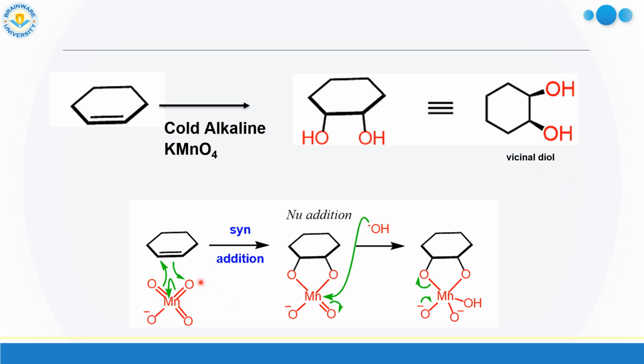With MnO4 minus, a cyclic intermediate is formed as the transition state, and finally the vicinal OH groups are formed. Okay, so this is the oxidation part.